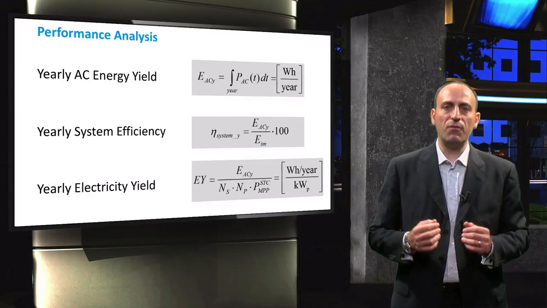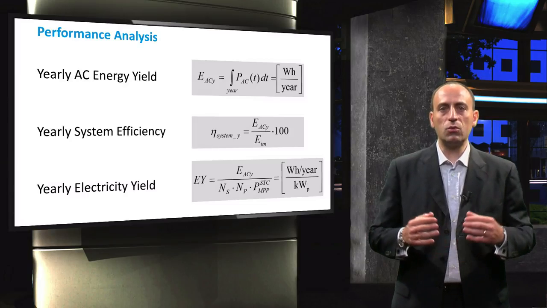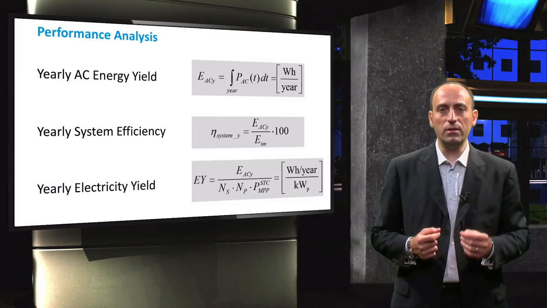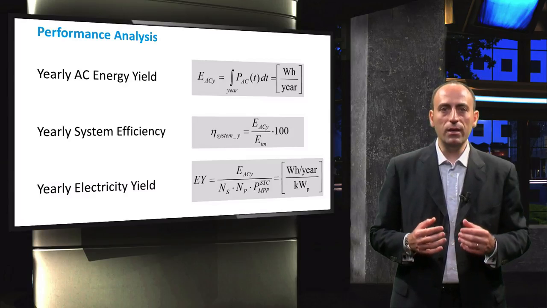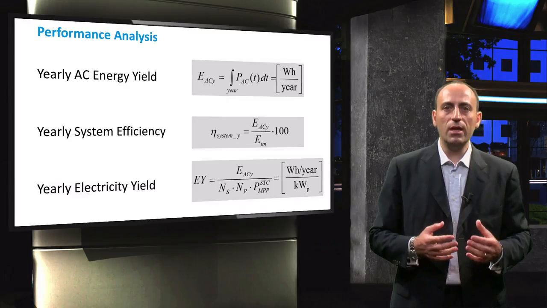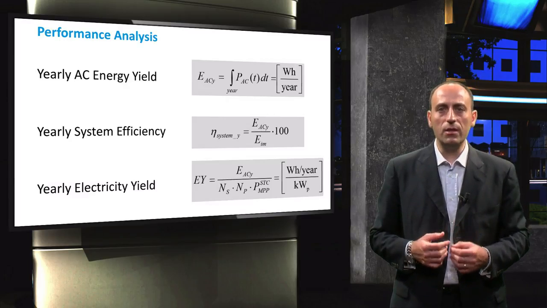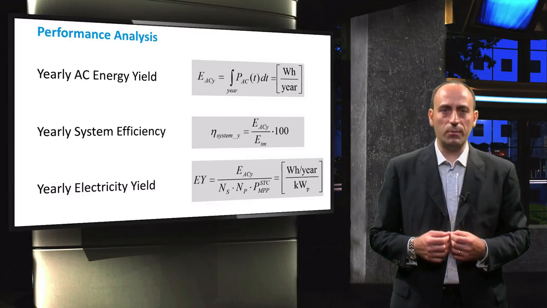Finally, the system performance can be expressed by an additional parameter that describes the yearly electricity yield, EY. The yearly yield is equal to the ratio of AC energy yield divided by the installed capacity of the PV system. It is denoted in watt-hour per year per kilowatt peak.